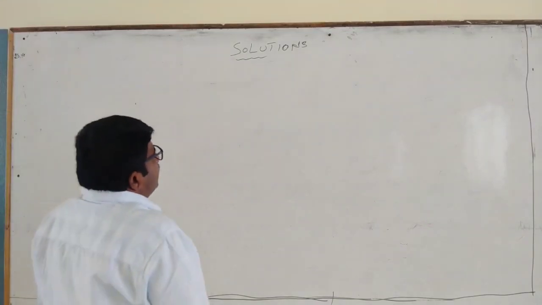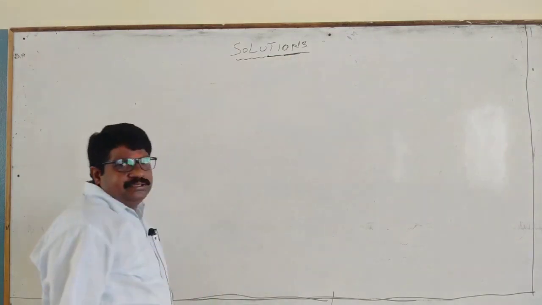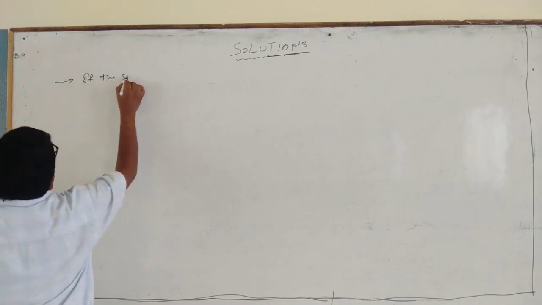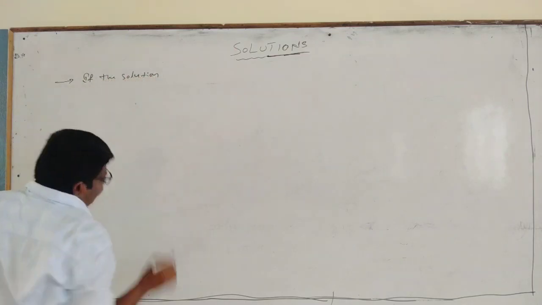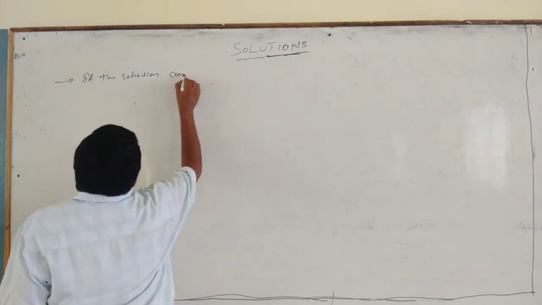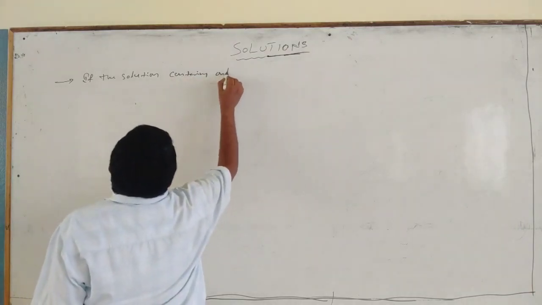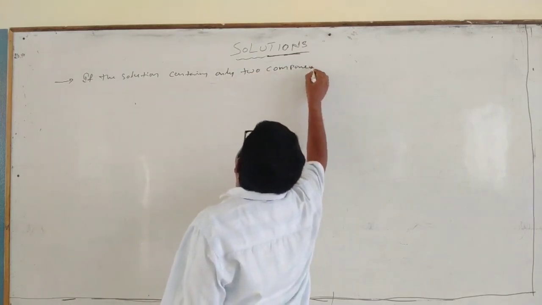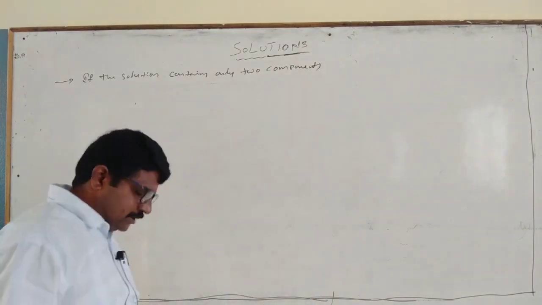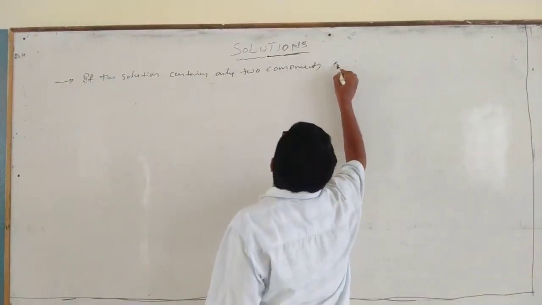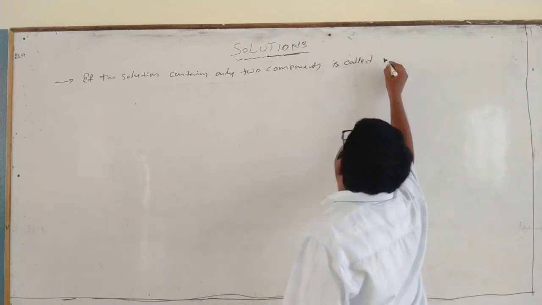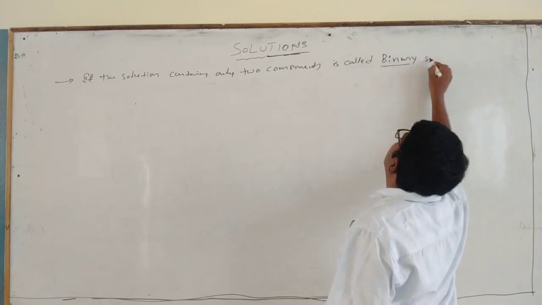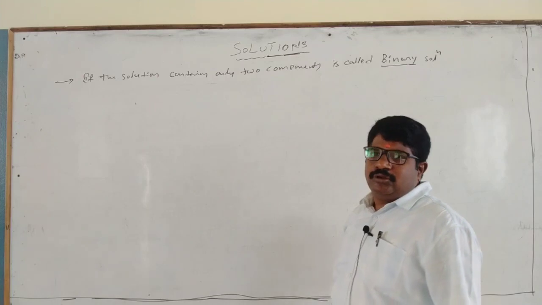When the solution contains only two components, it is called binary solution. What is binary solution?